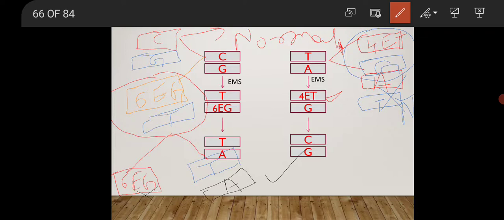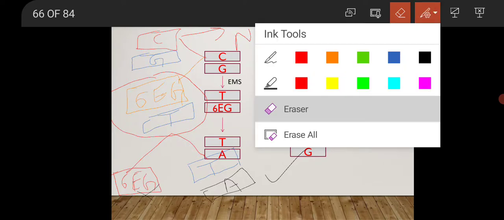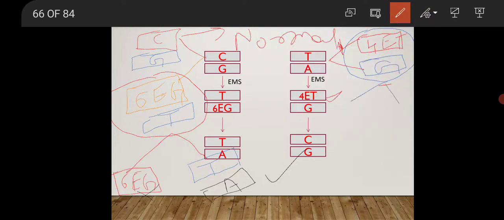So at the second replication, let me erase this part which is normal. Okay, I am erasing the normal part. Now during the second replication you have the guanine with you, and you have the 4-ethylthymine with you.